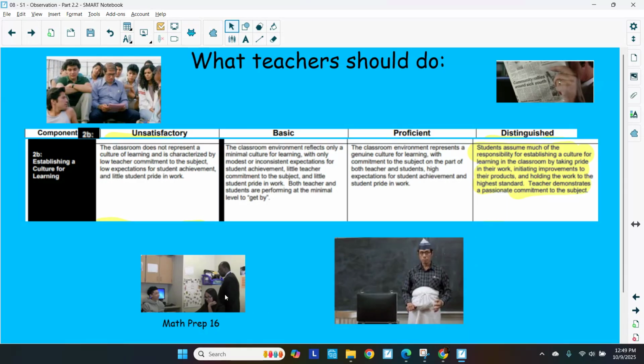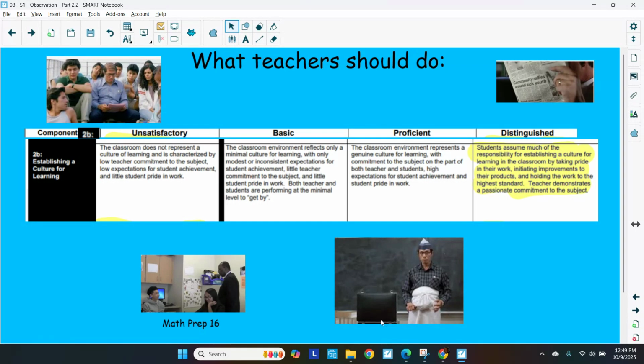I see me down there talking to some students about Math Prep 16, and we were talking because I wanted to make sure they know their parts, and we had a special thing going on between the two of these people right there. And I see another teacher dressed as a butcher, and he's teaching a math class in my favorite movie, Stand and Deliver, favorite math movie.